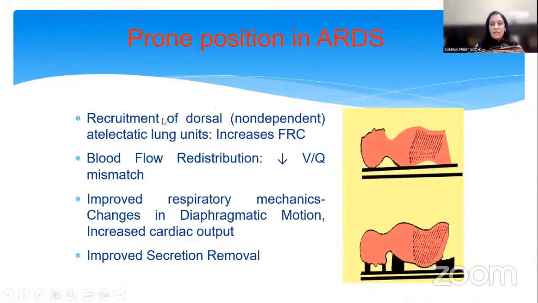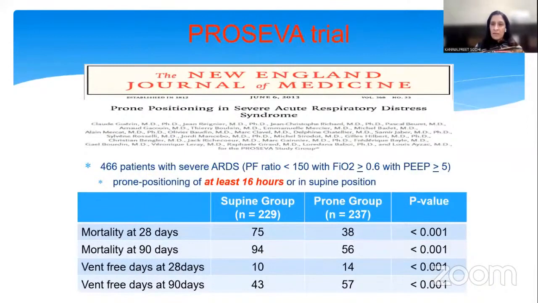So what proning does is the recruitment of dorsal atelectatic lung units, increasing the FRC, and blood flow redistribution occurs, which decreases VQ mismatch. Because of the abdominal pressure release, respiratory mechanics improve, there are changes in the diaphragmatic motion, and the cardiac output increases. Also, secretion removal is improved.